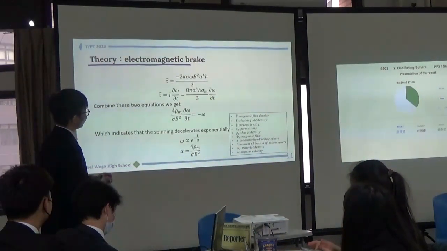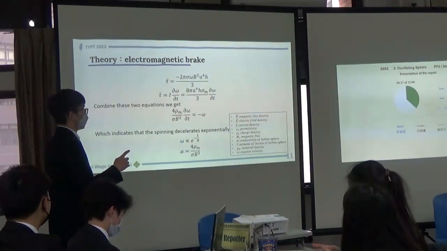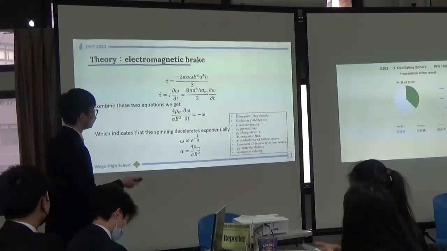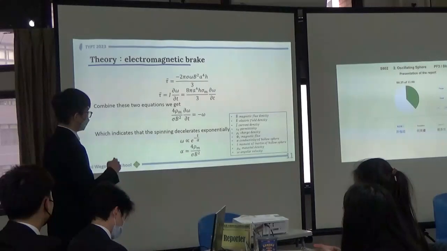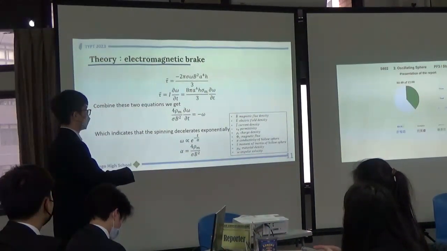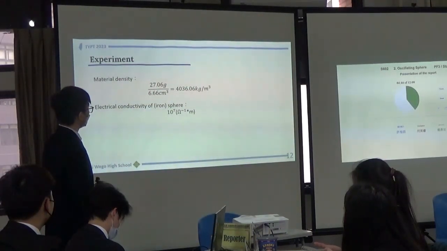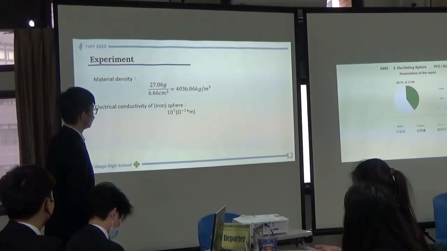Combining these two equations, we get the formula down here, which, since it's an ODE, indicates that the spin decelerates exponentially, with omega proportional to exponential of negative alpha times t.